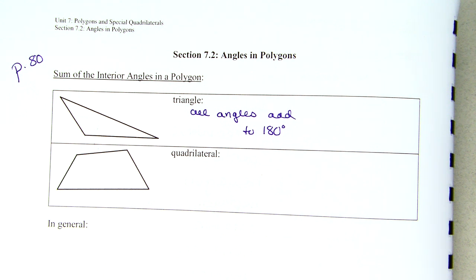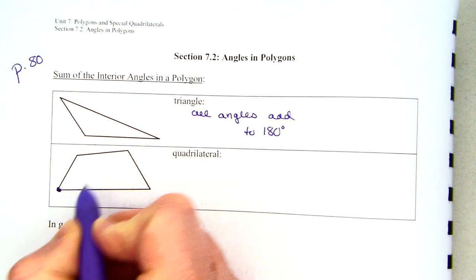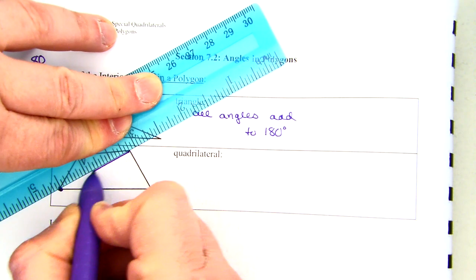For a quadrilateral, what we're going to do is draw in what's called a diagonal. I'm going to draw a line starting here and going to the opposite corner.